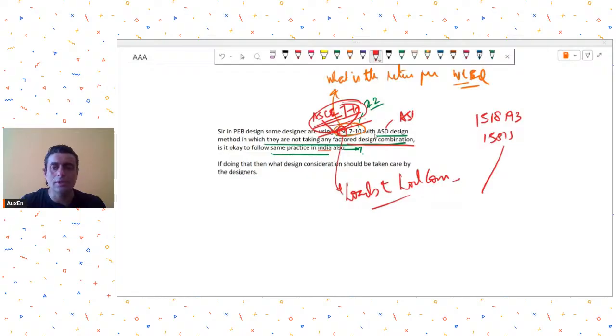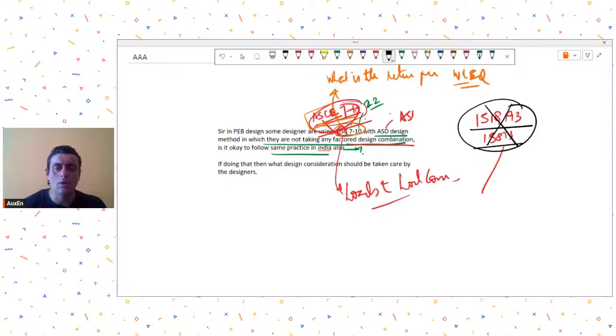So as long as you are taking the load combinations and the loads also you are calculating as per the ASCE code, you can go ahead. But do not take the loads as per IS 875 or 1893 and then take the load combinations as per ASCE 7. That is incorrect.